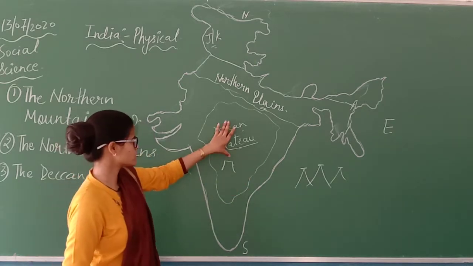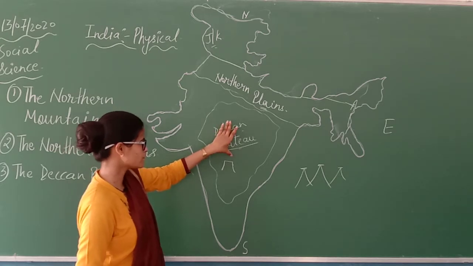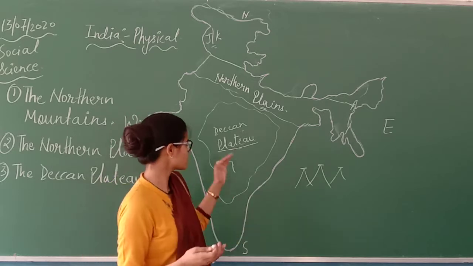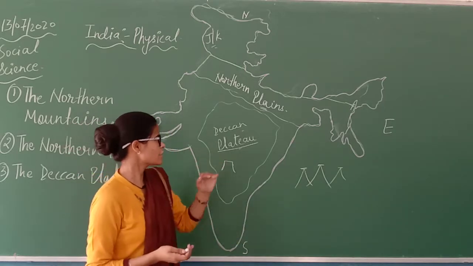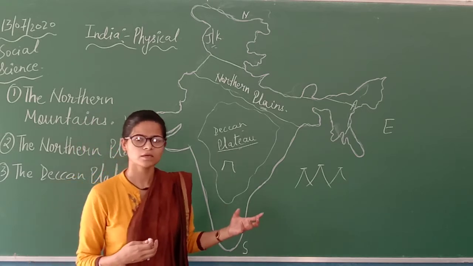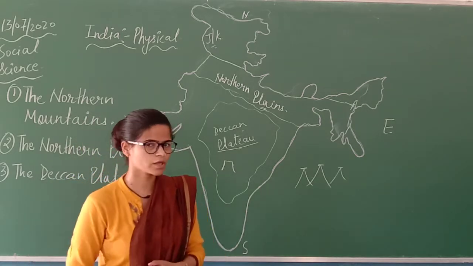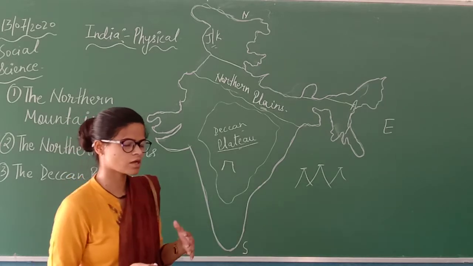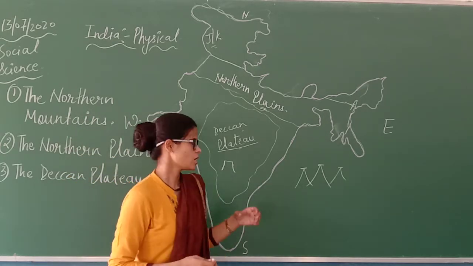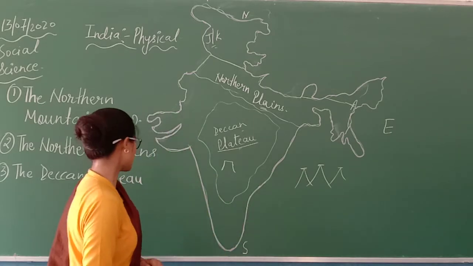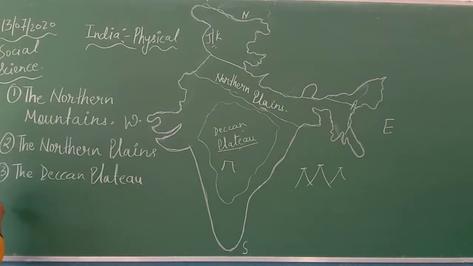Here the life of the people is not very easy but very hard, because the climate is hot and the region receives little rain. Because of that, the crops grown here are very few. Now the fourth one is the Thar Desert.